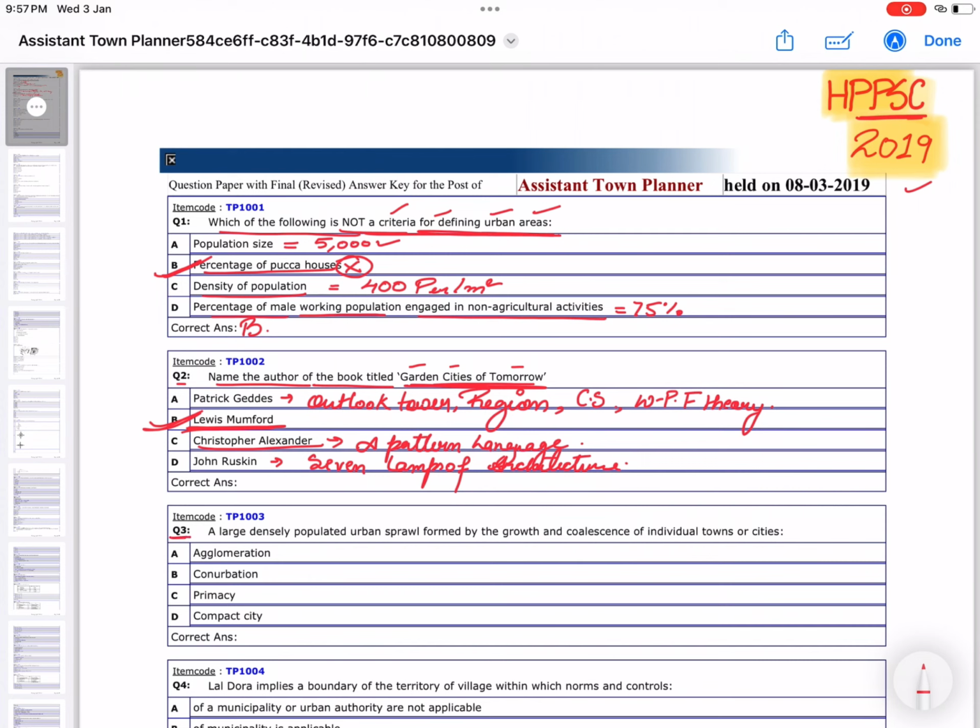Question number 3. A large densely populated urban sprawl formed by growth and coalescence of individual town or city. This is called a conurbation.